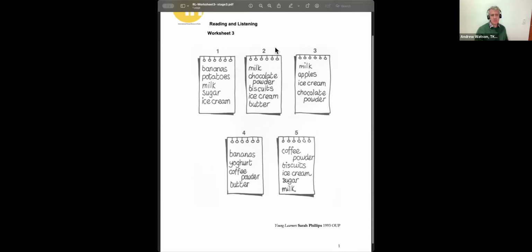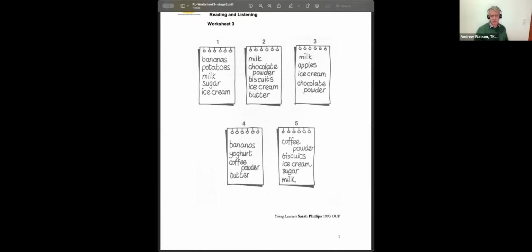Okay, and what was your suggestion for the post? After the reading, what could they do? Maybe separate them into specific groups, like fruits, dairy products, etc. For what purpose?